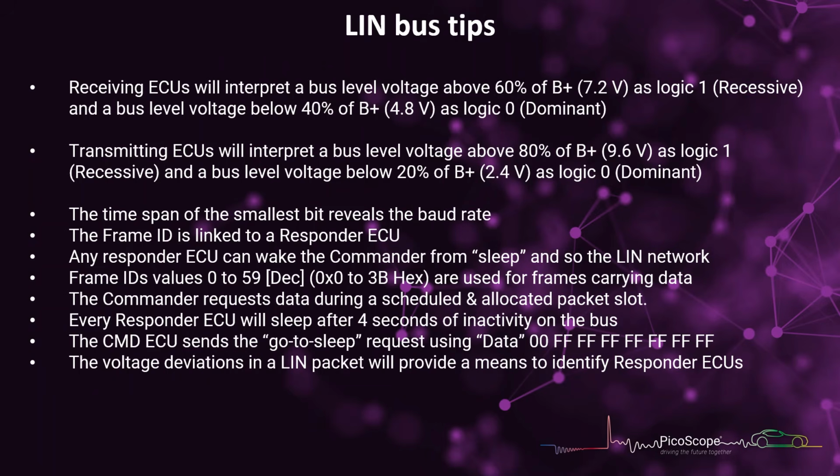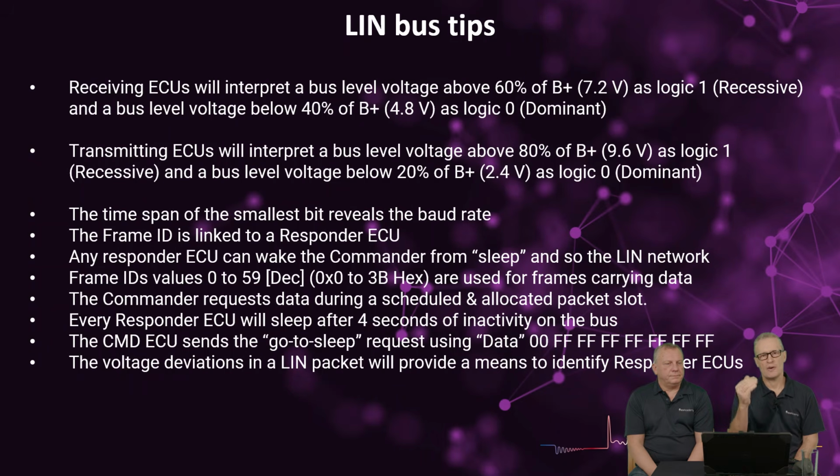Receiving ECUs will interpret a bus level voltage above 60% of battery voltage as a logic 1. So we've talked about, oh, it must be 0, 12 volts. This is really drilling down to the nooks and crannies of it, that 7.2 volts and above would be considered as a logic 1. So this is giving us room to move a little bit where we may have a resistance in the cable and the voltage has come down.